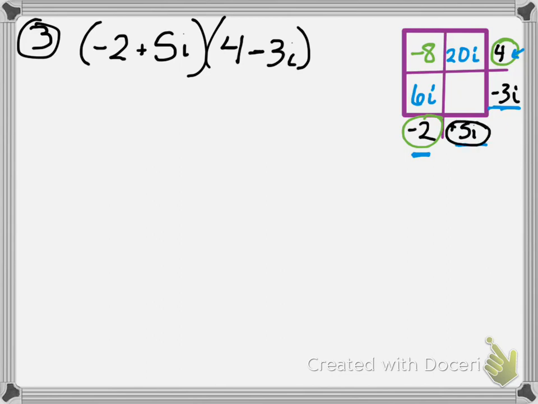Now, when we have 5i times a negative 3i, that gives us a negative 15i squared. What is i squared? Negative 1. So negative 15 times negative 1 is that real or imaginary? That's real because there's no i involved. So that goes with the real parts.